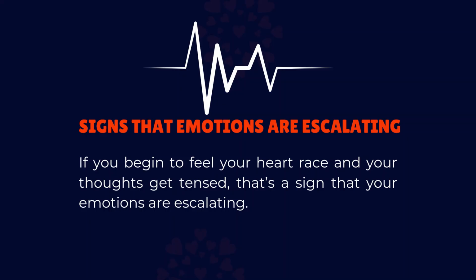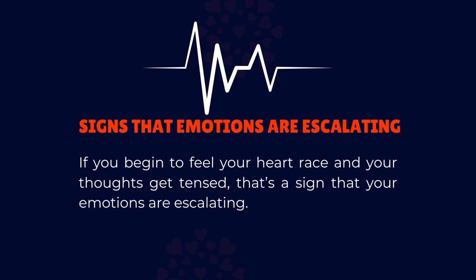How best can you manage your emotions? You need to recognize when emotions start building up and when you need to stay in control. For example, if you begin to feel your heart race and your thoughts get tense, that's a sign that your emotions are escalating.